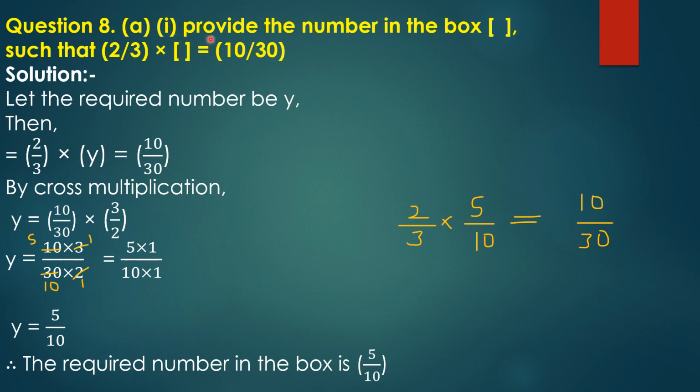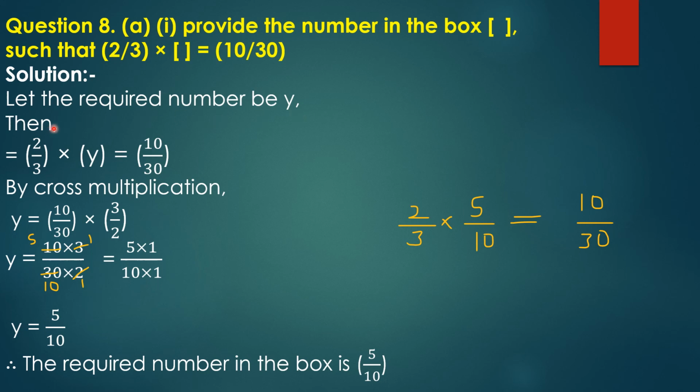The first one, provide the number in the box such that 2 by 3 into dash equal 10 divided by 30. So they have given this question and we have to find out what should be the number in the blank. Therefore, let the required number be y.